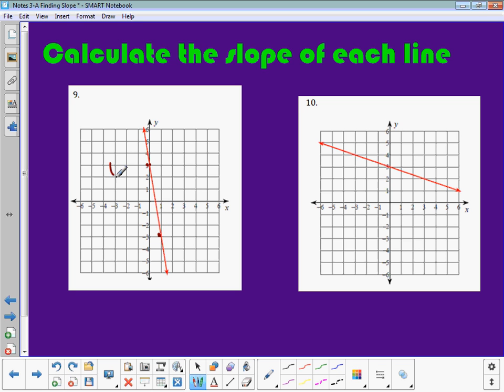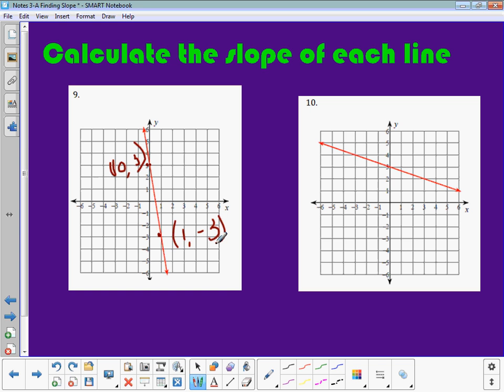So for this point, to write the coordinates of the point, I notice that I'm going over 0, so my x-coordinate is 0. And then I notice that I'm going up 3. So there's that one. For this point, I notice I'm going over 1, and then I'm going down 3. So that point is 1, -3.